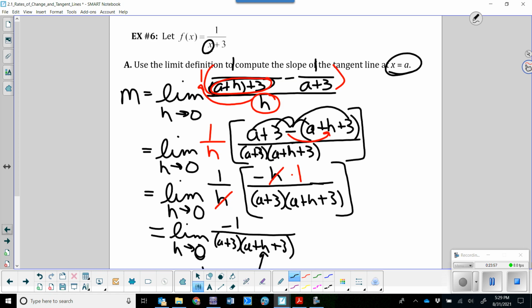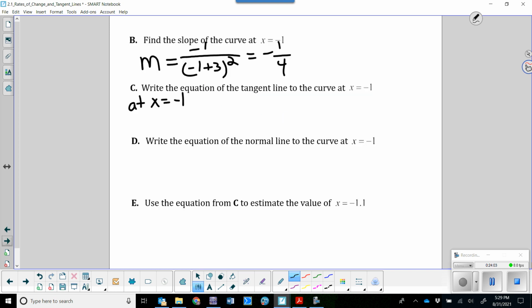So let's go back to this. I need to find, for this function, what is f of negative 1. So I'm going to write that here. In other words, f of negative 1 equals, and so you're going to have 1 over 2 when you plug in negative 1.